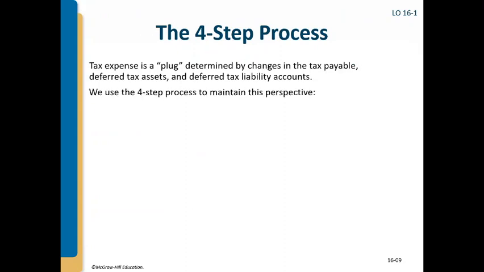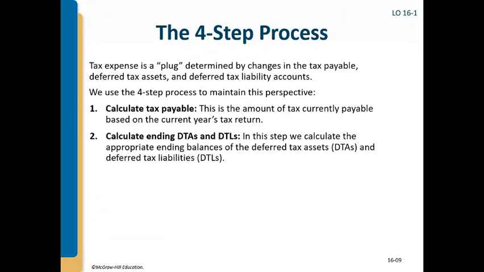All right, so now we have our four-step process. First, you figure out your tax payable based upon the tax currently payable times whatever the rate is. In the book, they use an average rate of 25%.